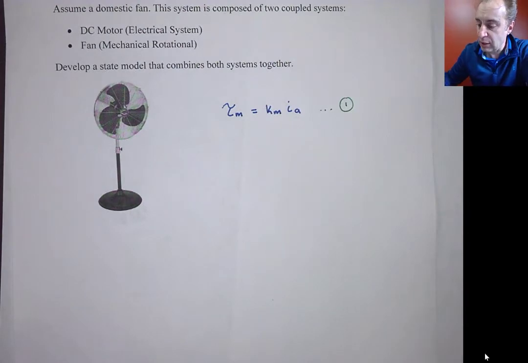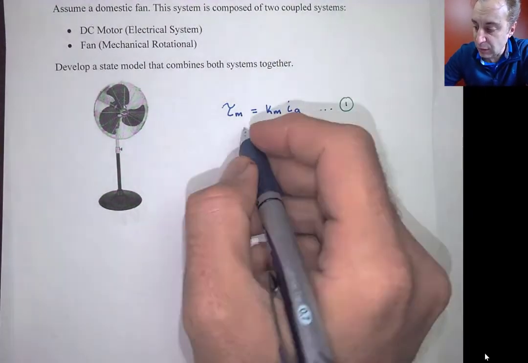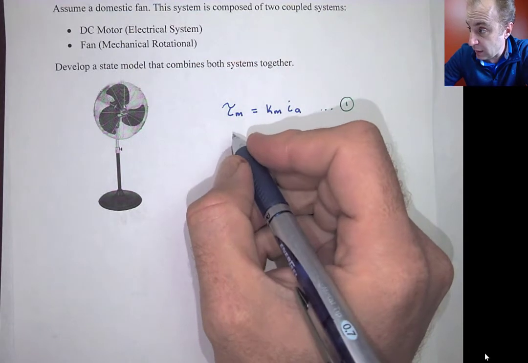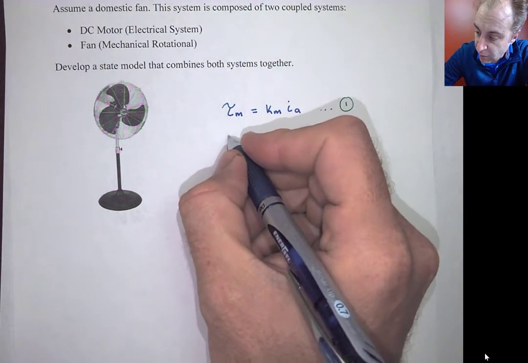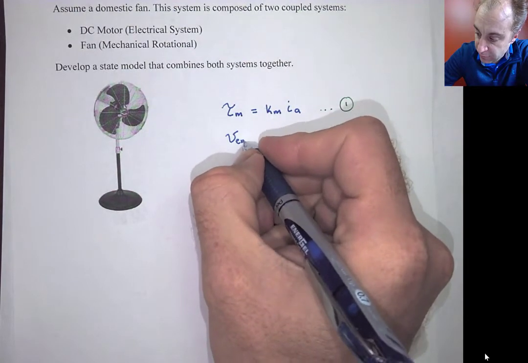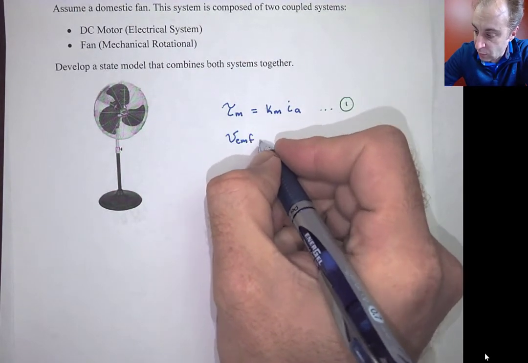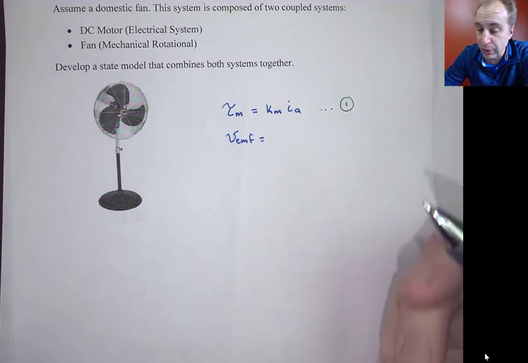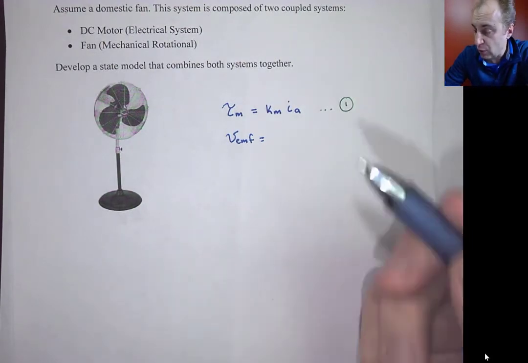The other equation that we're going to need to couple the two systems is the one related to the EMF voltage, which the rotating motor is going to generate.